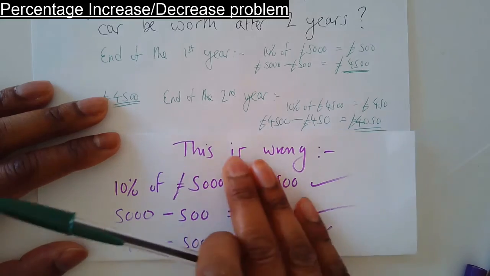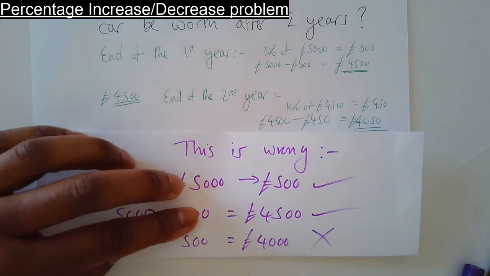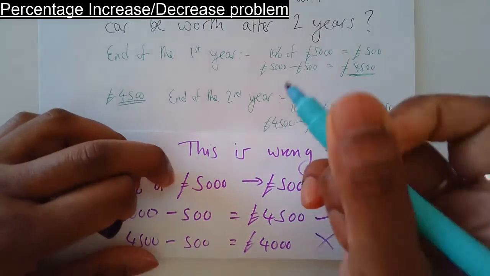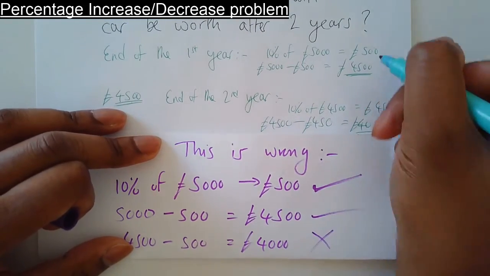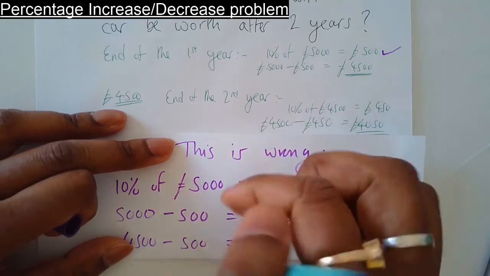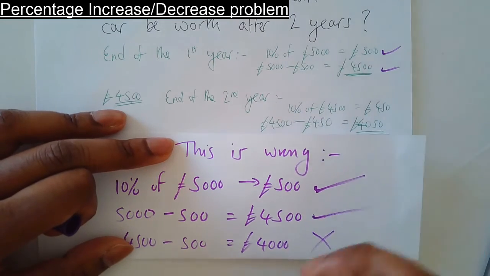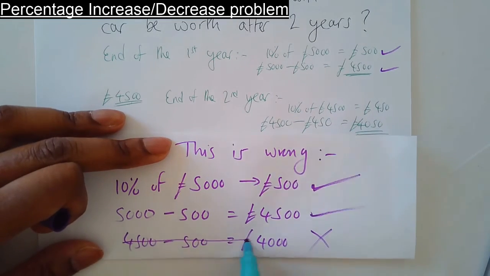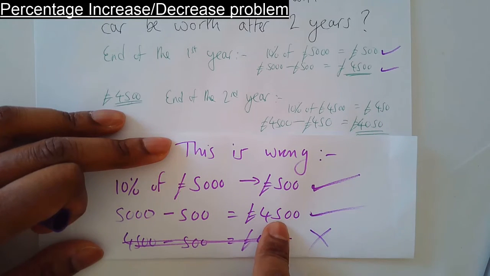If you compare side by side with what's right and what's wrong, you can see this bit was right, which we've got over here. Second bit, this is right, and this is where we started going wrong. What we should have done at this stage is work out 10% of 4,500.